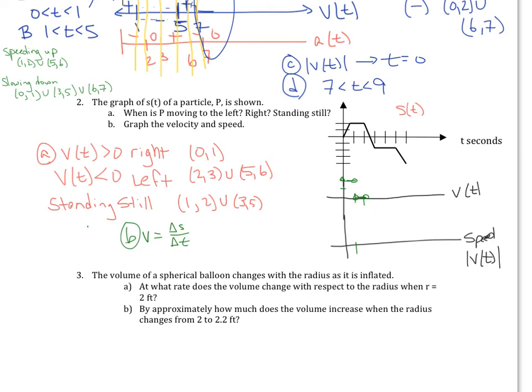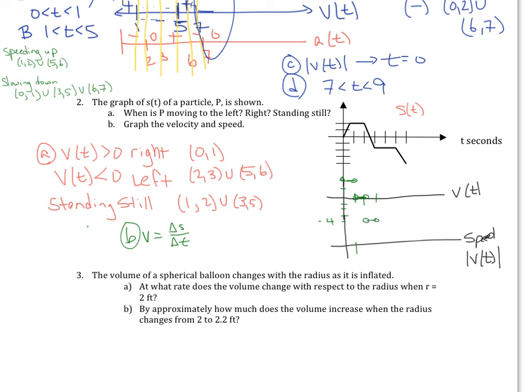All right, and then from 2 to 3, 1, 2, 3, right there, I'm down at a slope of, I went down 4 over 1, so I'm at negative 4. I'm right here. I'm graphing the slopes, right?